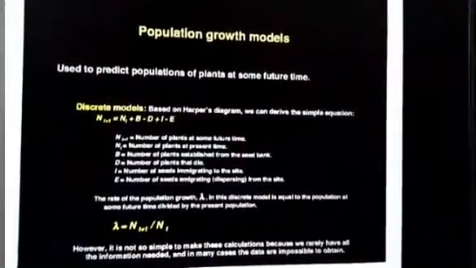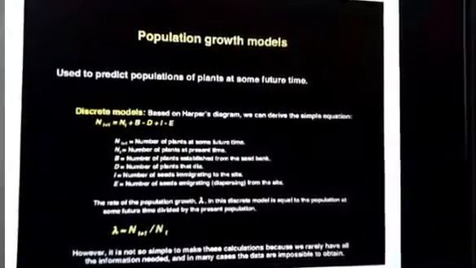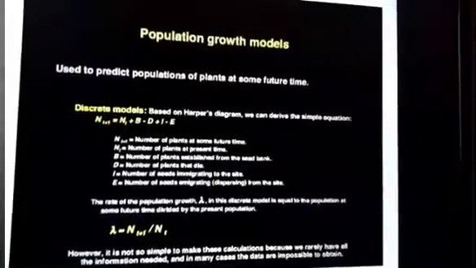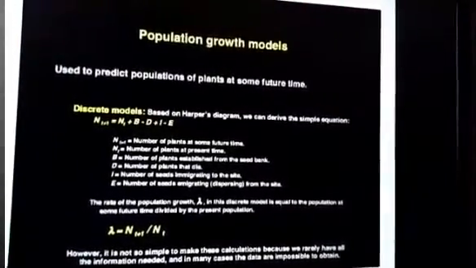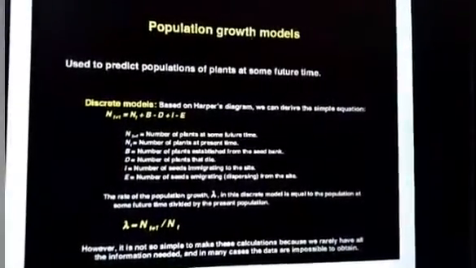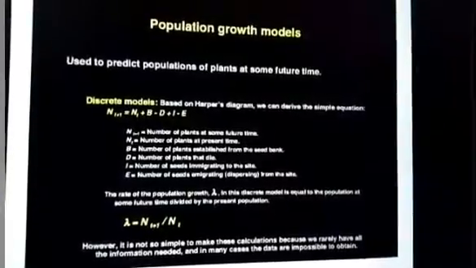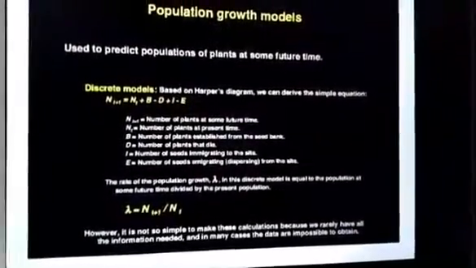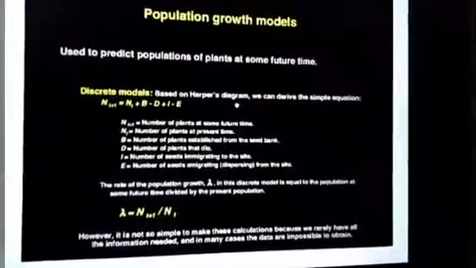B is the number of plants established from the seed pool, D is the number of plants that die off, I is the number of plants coming into the site, and E is the number of seeds emigrating from the site. So you take this and make it your equation 1.